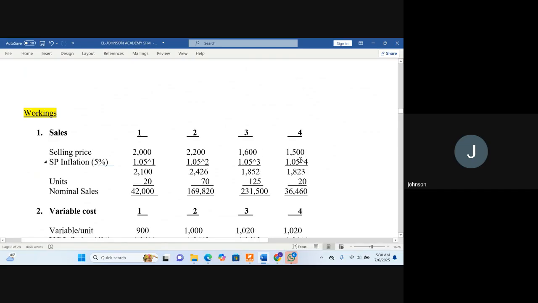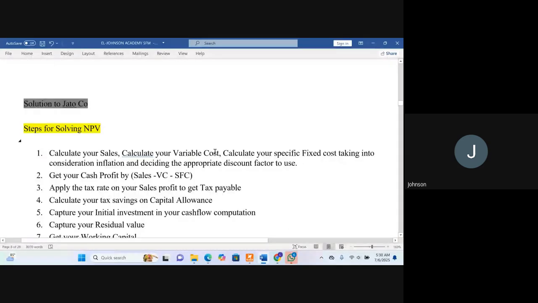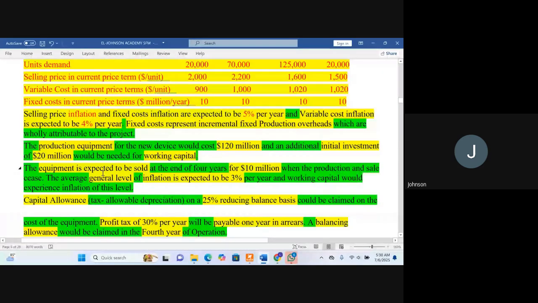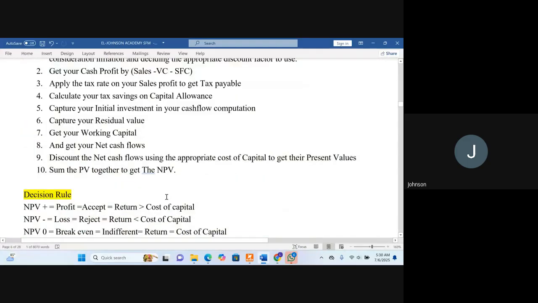And remember, I told us that whenever we are inflating something, we have to say 100 plus that inflation rate. Let's go and check the inflation rate for selling price and fixed cost. I think it is 5%. So when you are inflating it, you say 100 plus 5, making it 105% over 100.